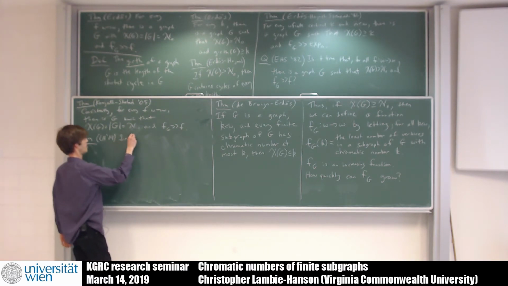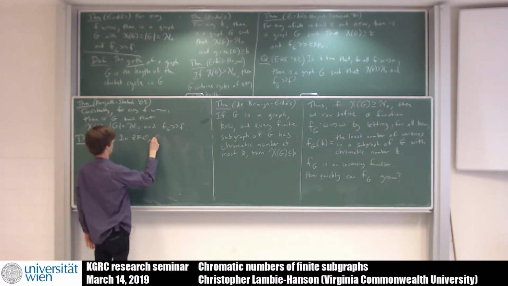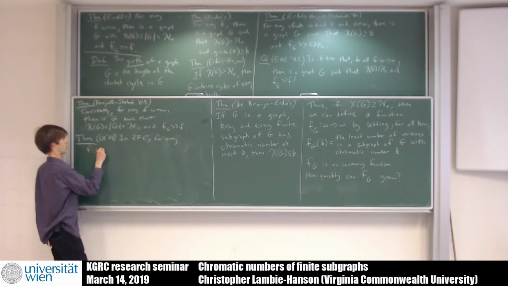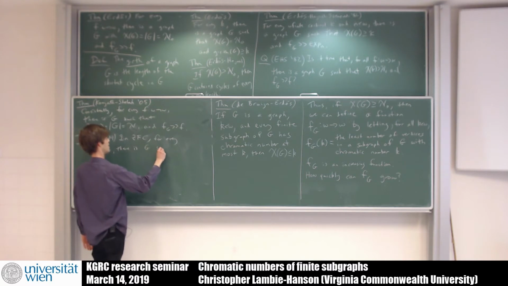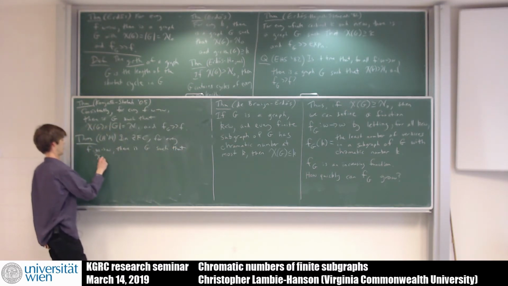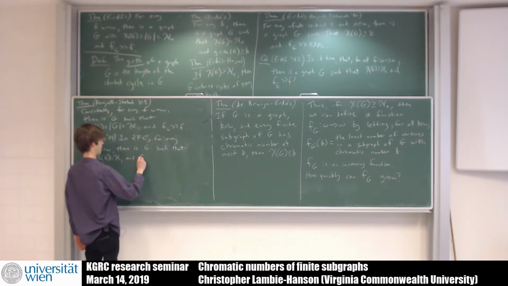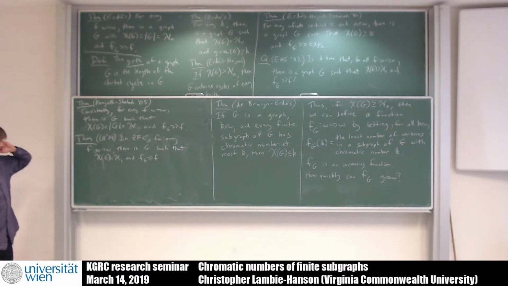In ZFC, for every f from omega to omega, there is G such that the chromatic number of G equals L of 1, and FG grows faster than f. You'll notice I omitted saying anything about the cardinality of G here.